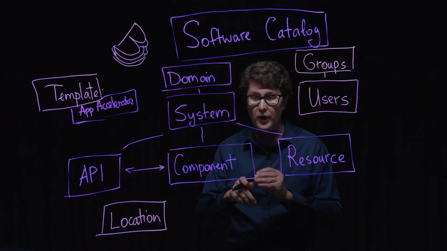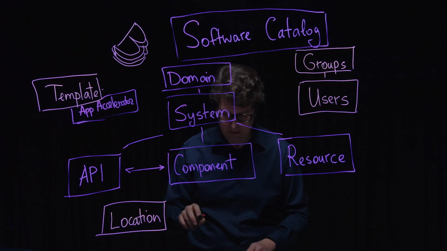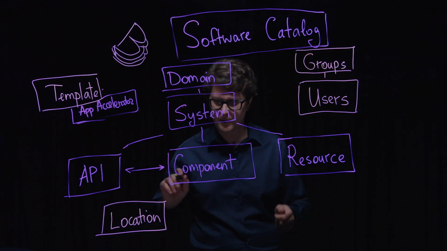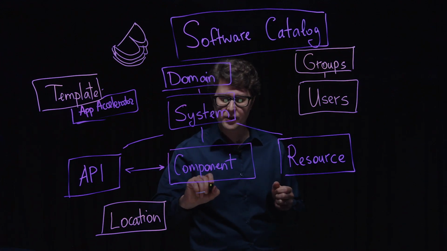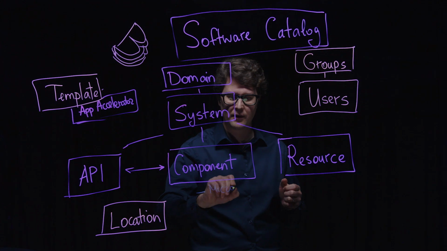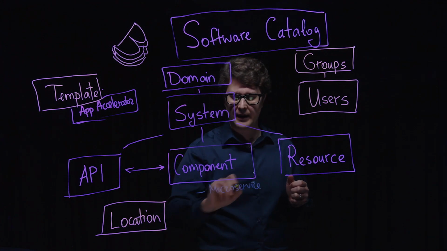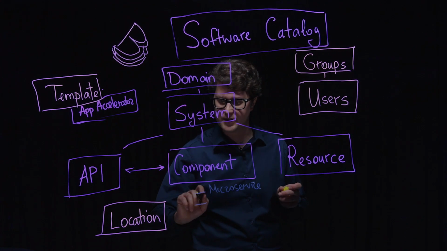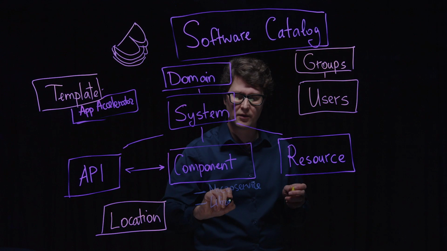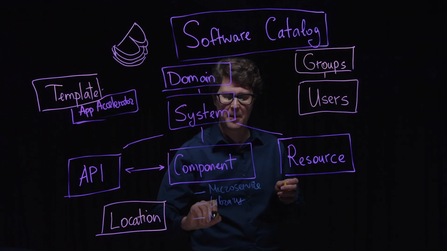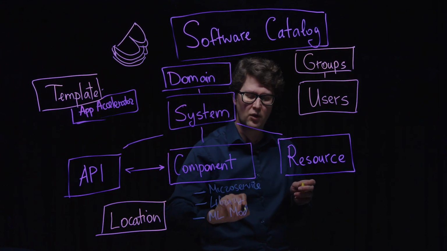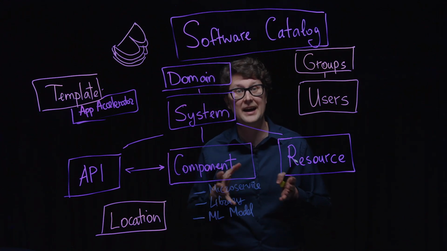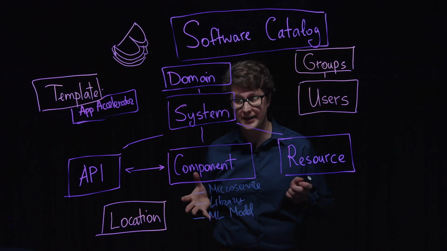For example, if we're talking about a component, maybe denoting a microservice, it can be described as a library or an ML model or anything else that is most suitable for the type of software assets that your organization has.